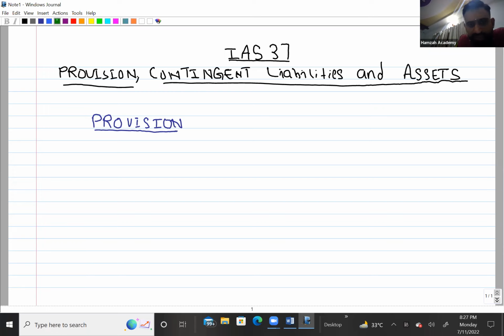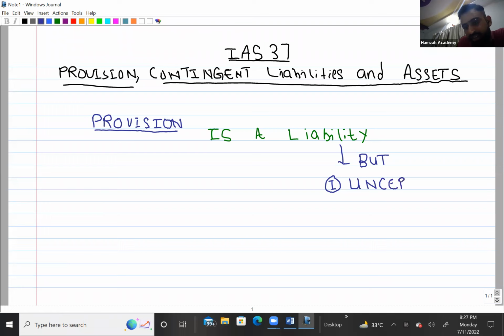As the student told us, provision is a liability, but of uncertain time or uncertain amount.